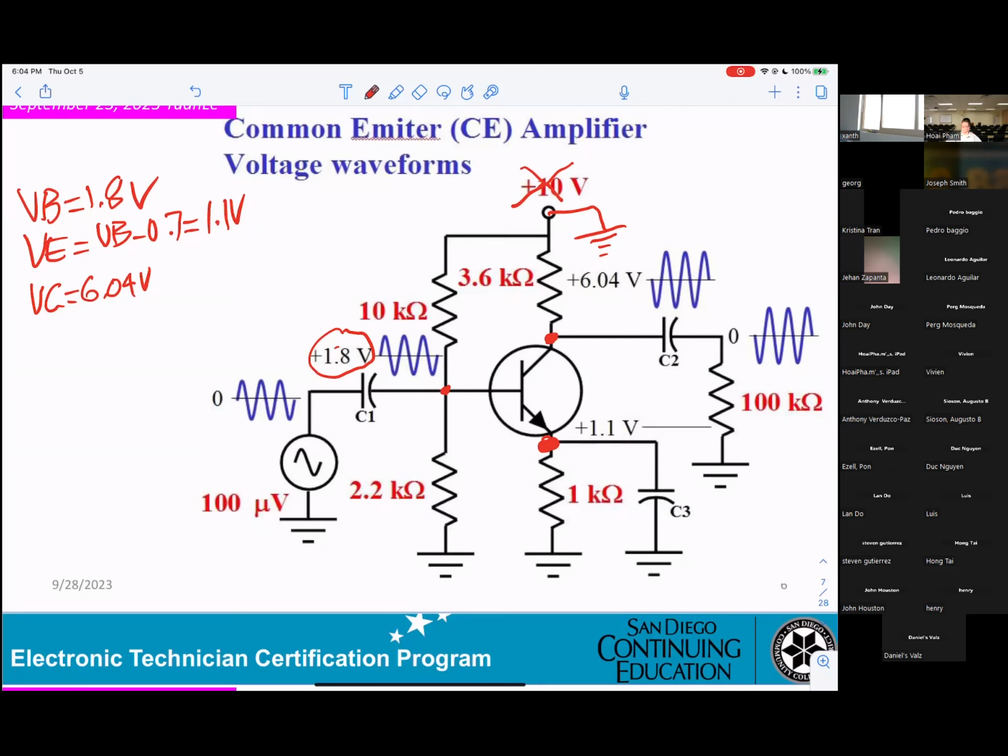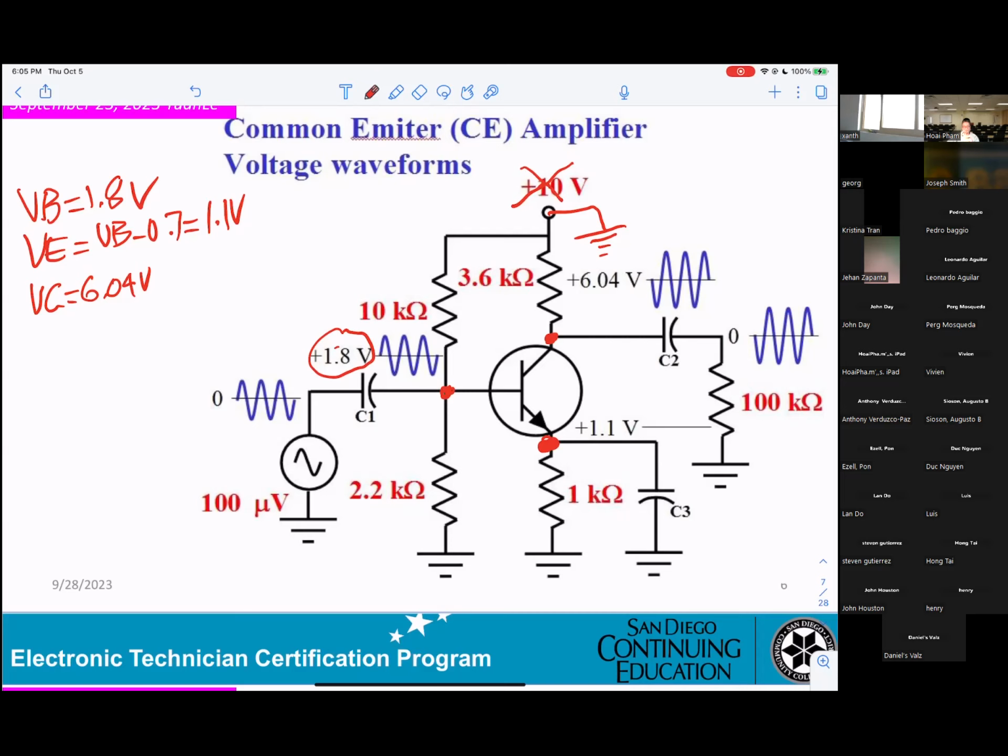Okay, now, at this point, at the base, how many signals do you get? Just one.